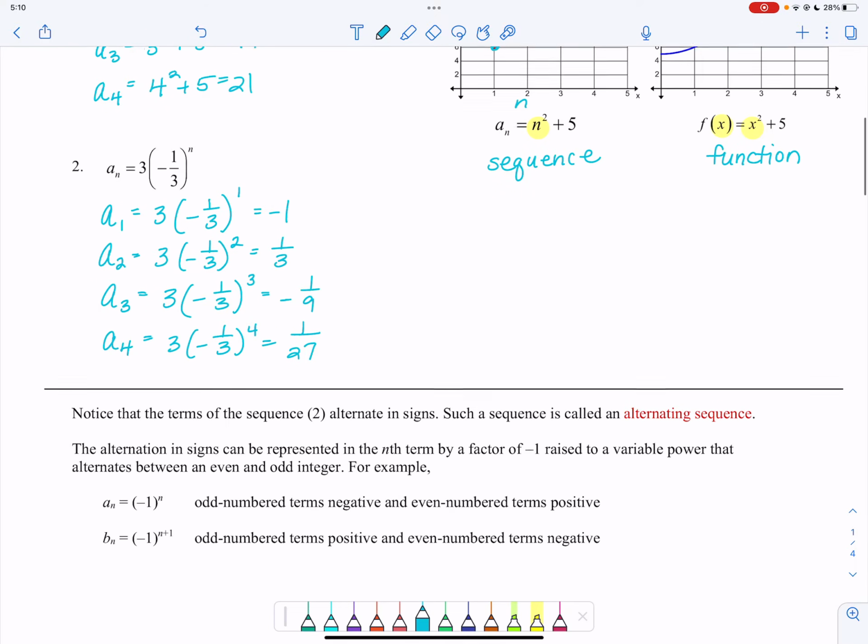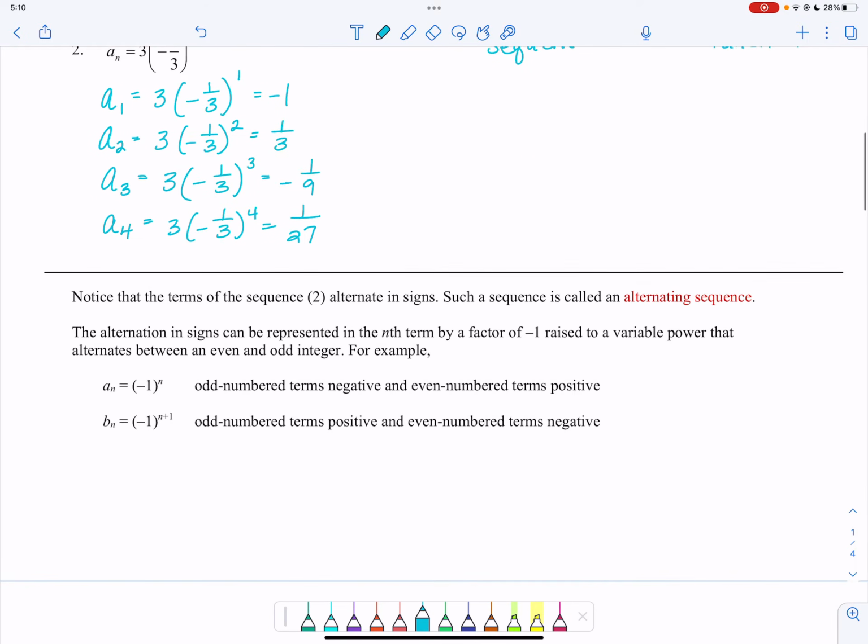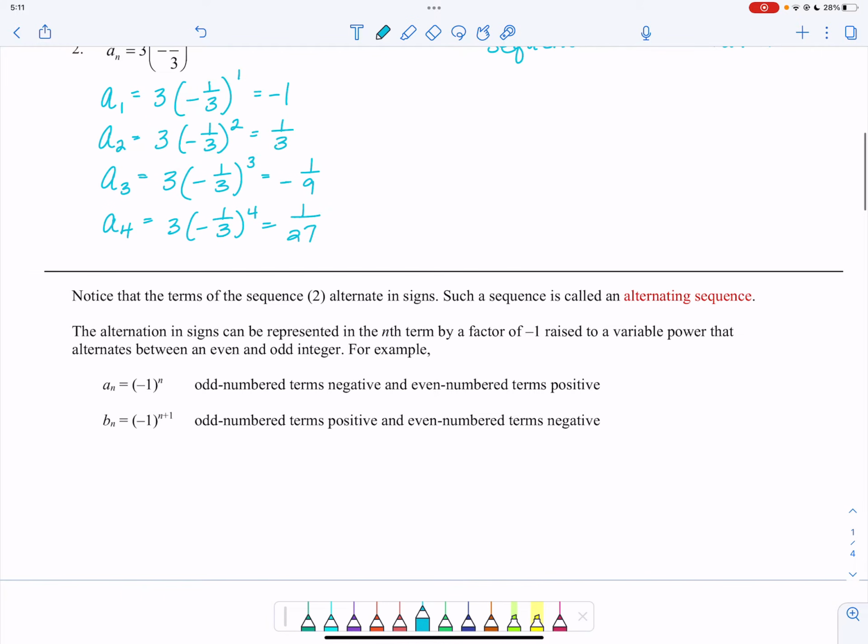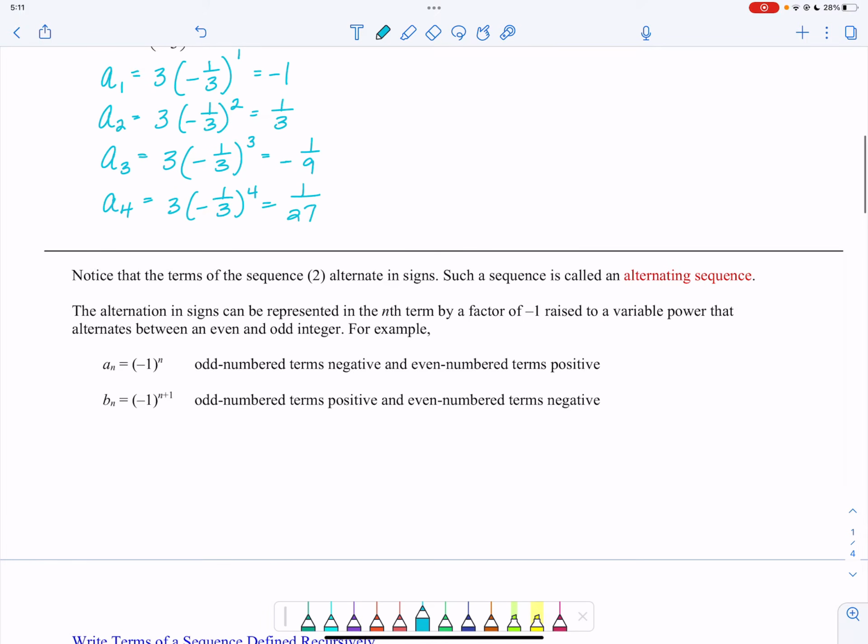Okay, now notice that the terms of the sequence 2 alternate in sign. As you can see, positive here, and that's negative, and that's positive. I'll write that here.